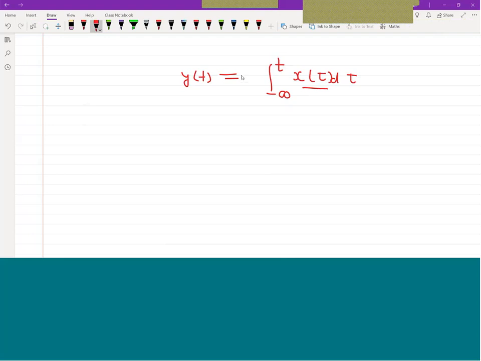That's why the system is said to be an invertible system. And what is the inverse system? d by dt of x(t). This is the inverse system.